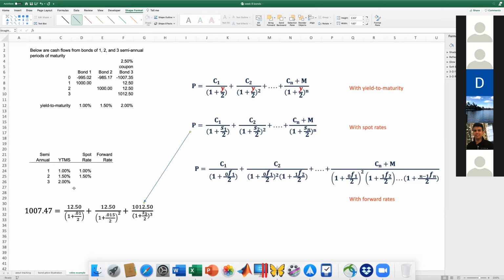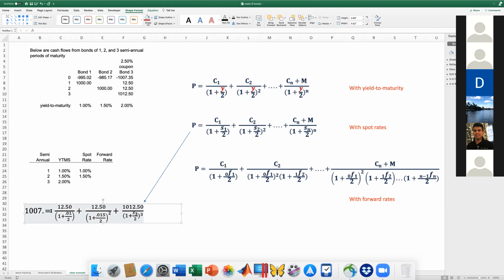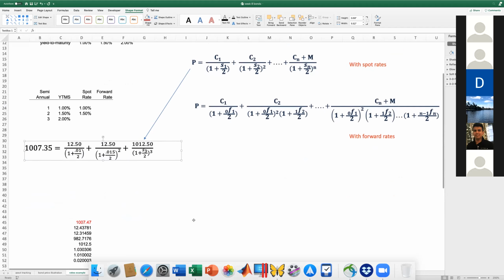Spot rate 2, you know, 0.15%. You know the bond price, 1,007, and this should be 35, by the way, here. And you know everything here. I've plugged it in here, and you could find the spot rate 3.